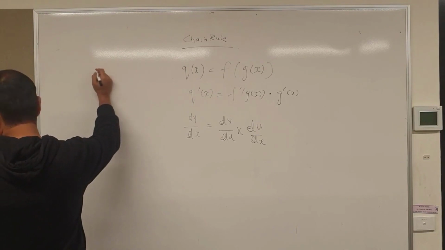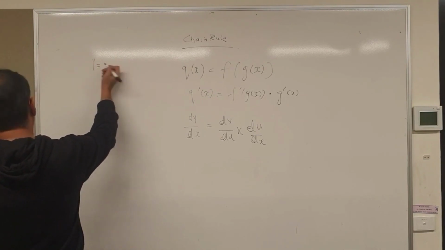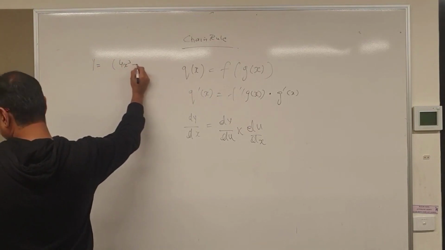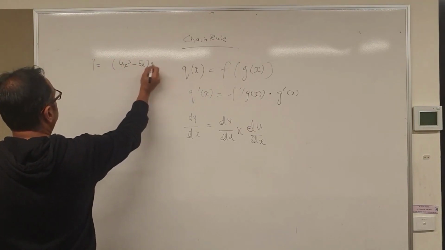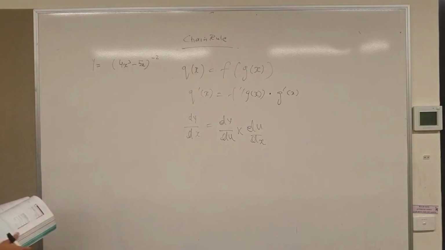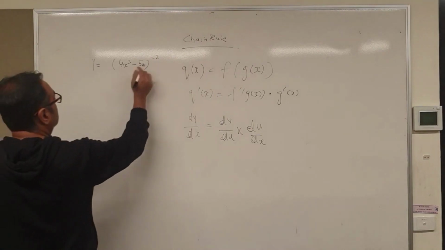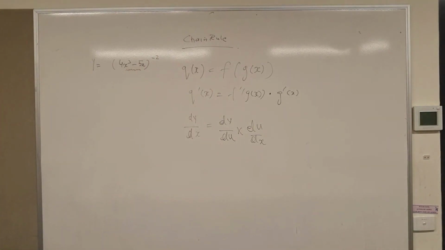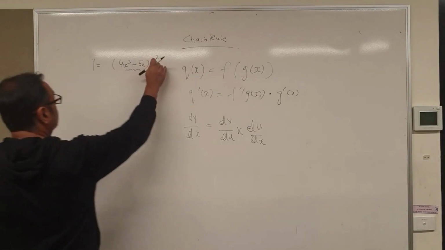Now, the simplest example could be, let's say, I'm just taking a book example here. y equals 4x cubed minus 5x, raised to the power of -2. This is a function sitting in the power of negative 2.